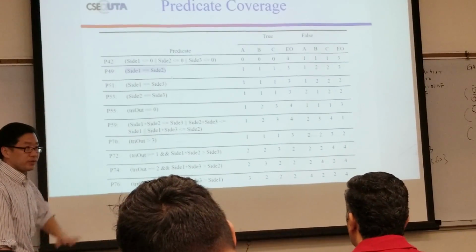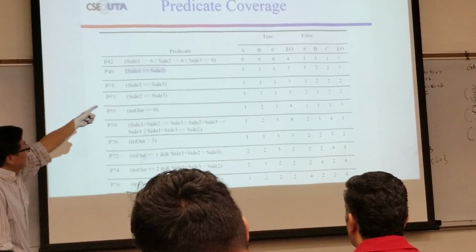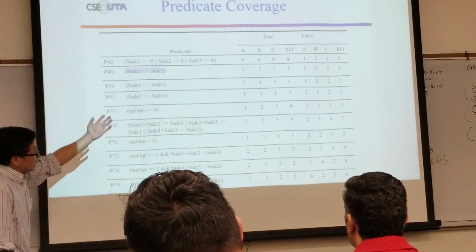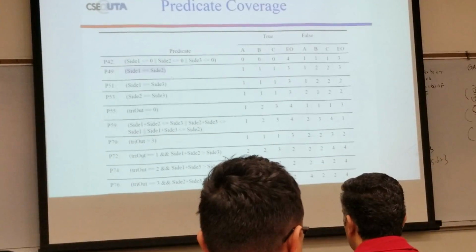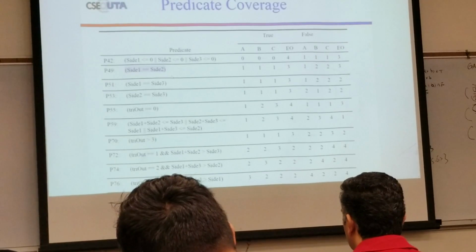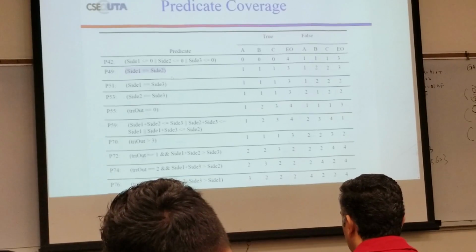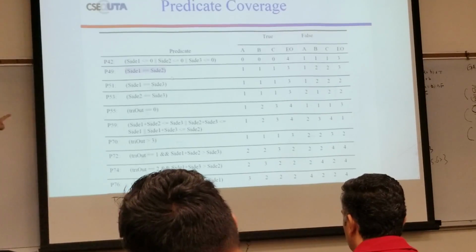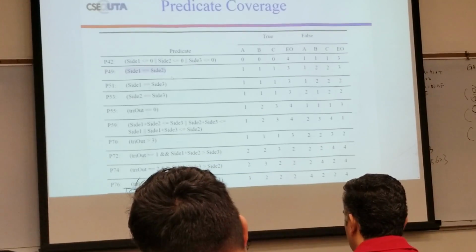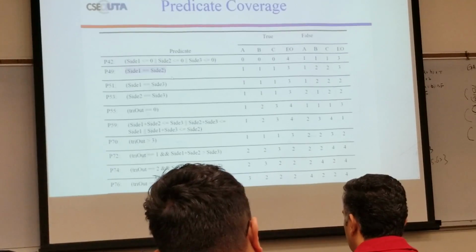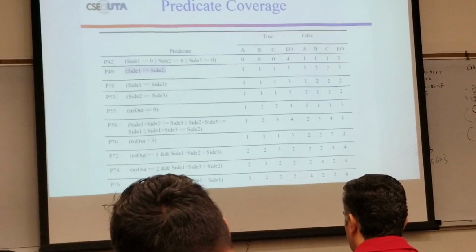If we do whatever we discussed before, and you do not consider the reachability condition, you could give -1, -1, 1 as one test case, and -1, 1 as the other test case. That would satisfy predicate coverage for this predicate: side one equals side two, side one is not equal to side two. But these two test cases would not work.